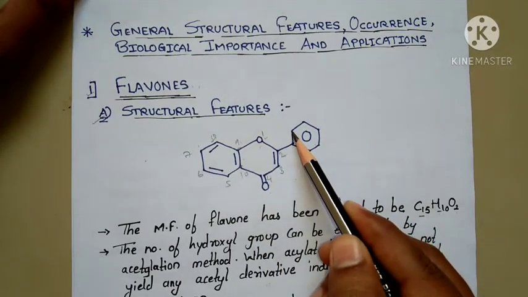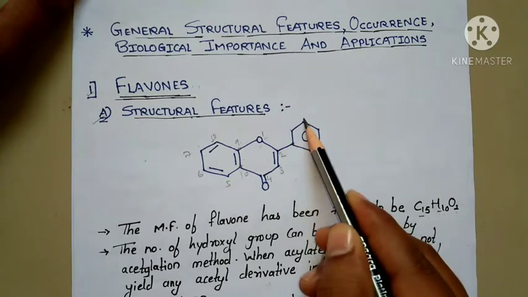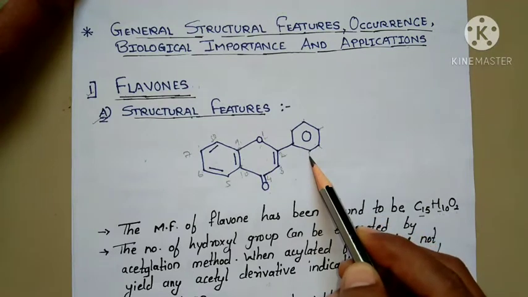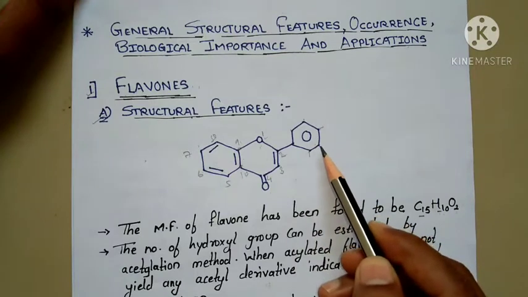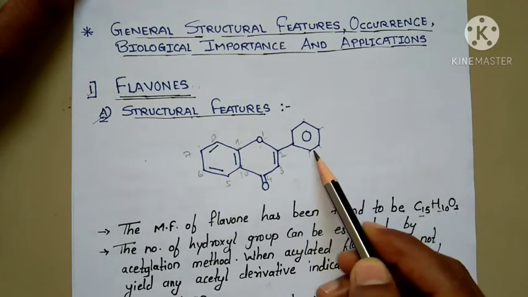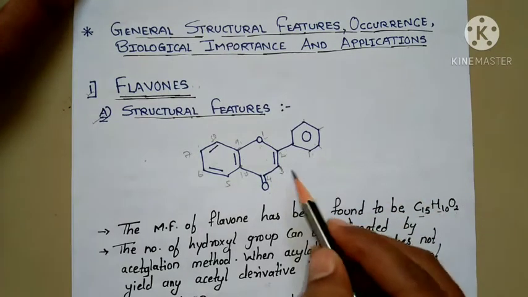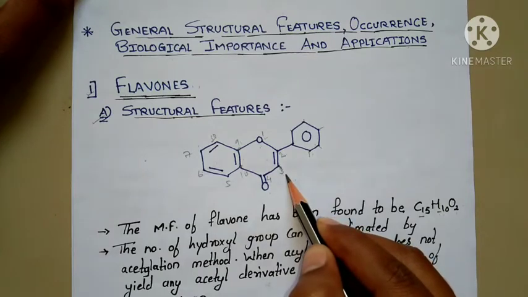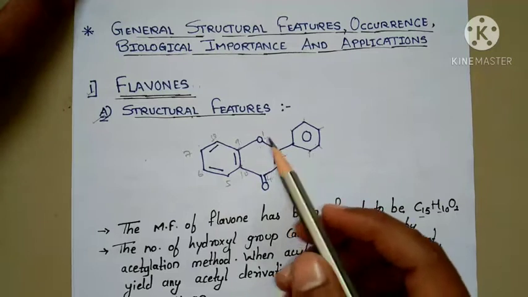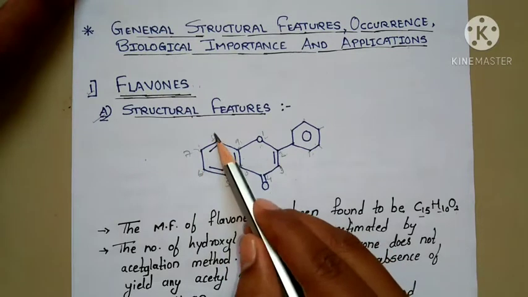On the benzene ring there is one hydrogen on each carbon, 1, 2, 3, 4, 5. One hydrogen is replaced by the attaching carbon, so total hydrogen in the phenyl is 5. Then at the third carbon in the bicyclic compound there is also one hydrogen, that is 6. The fifth position also has hydrogen, then 7, 8, 9, 10.